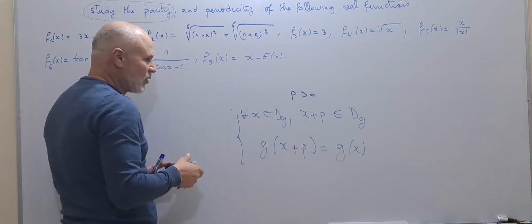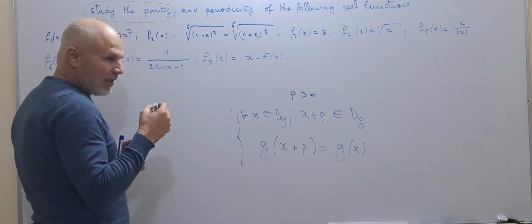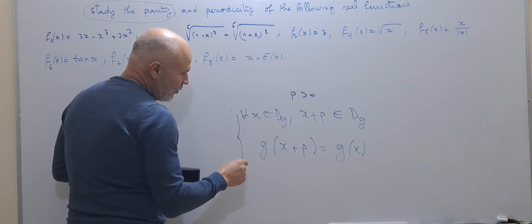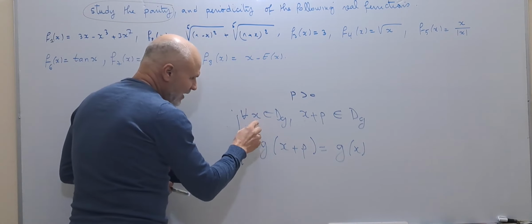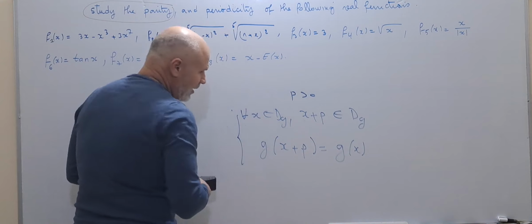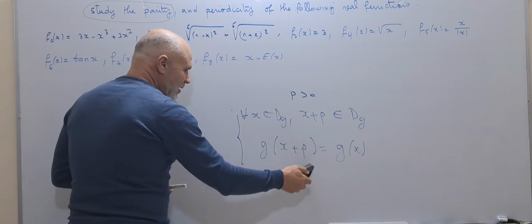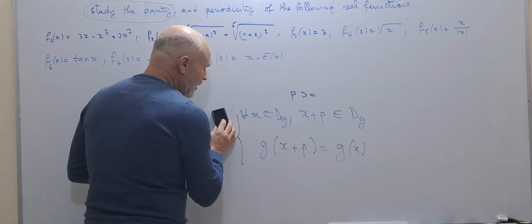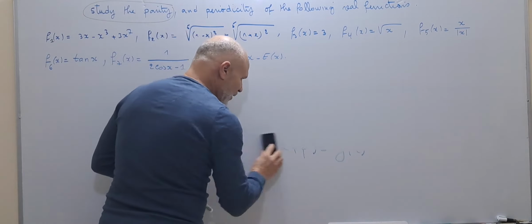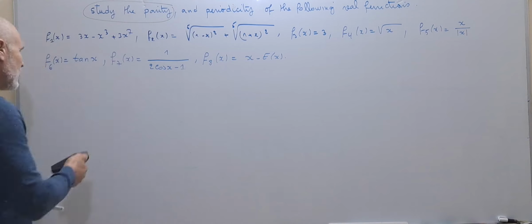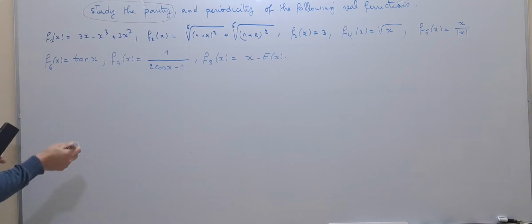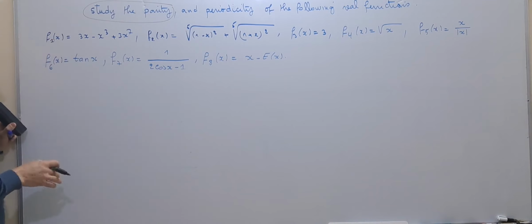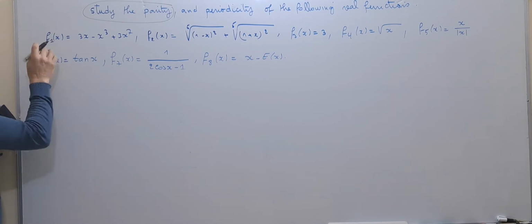This is very important, because when we suspect that the function is not periodic, we show that for a given x this equation is not verified, so we have no P, no period, such that this is true. I will explain this with examples. Let us start with this, which is a little bit difficult.